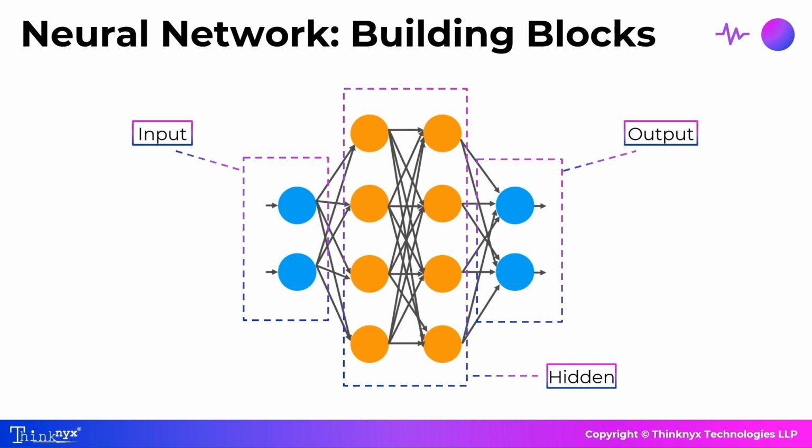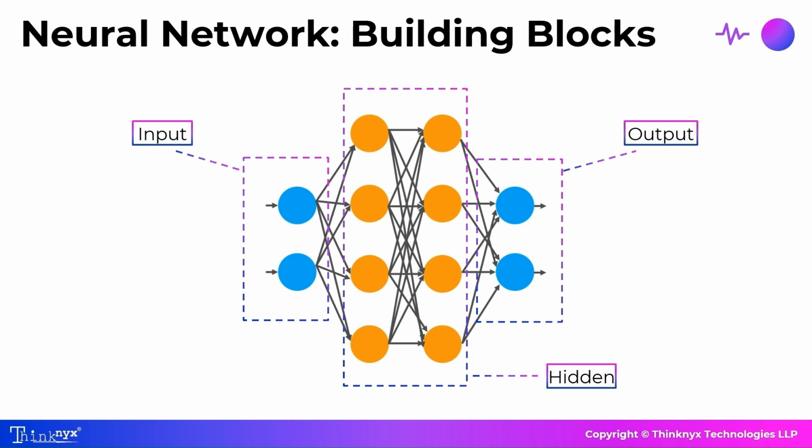As we delve into the intricacies of neural networks, it's essential to understand their role as the fundamental building blocks of deep learning. These networks, inspired by the structure of the human brain, consist of interconnected layers of artificial neurons.